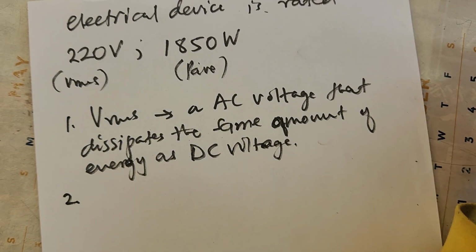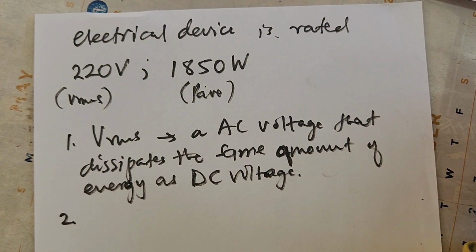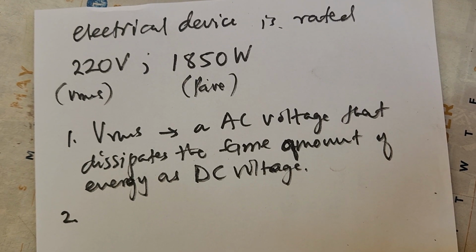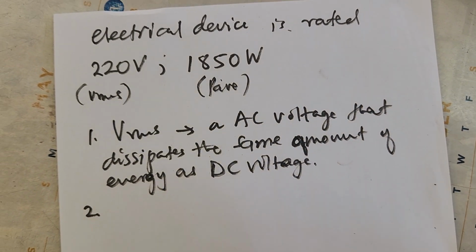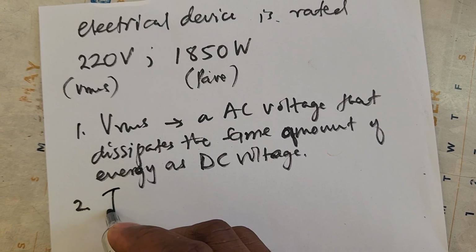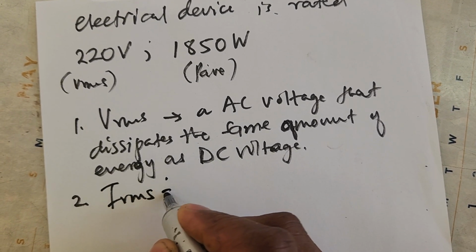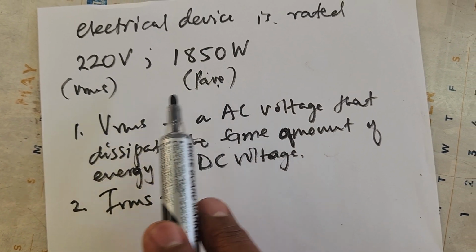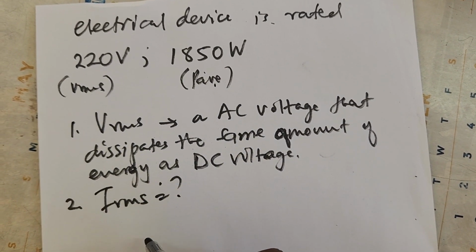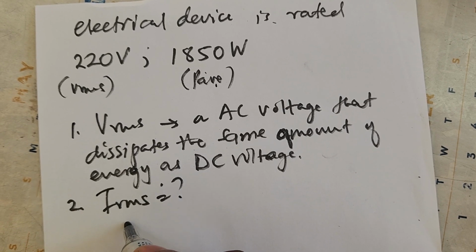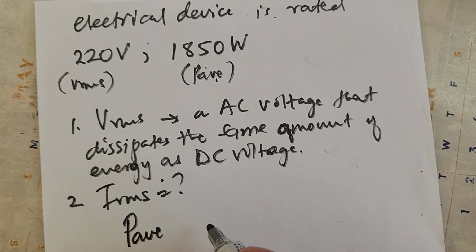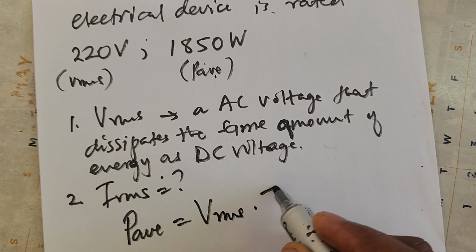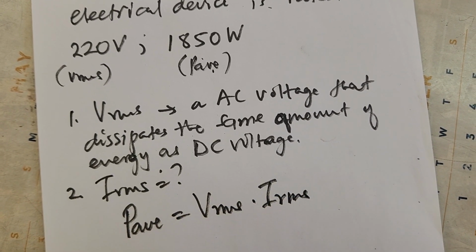Number 2, the question says, calculate the following. Calculate the root mean square current passing through the appliance when it is operating. Find the IRMS. Therefore, we are given the average power and VRMS. Go to the list of formulae. We find there's a formula which says P average equals VRMS multiplied by IRMS.